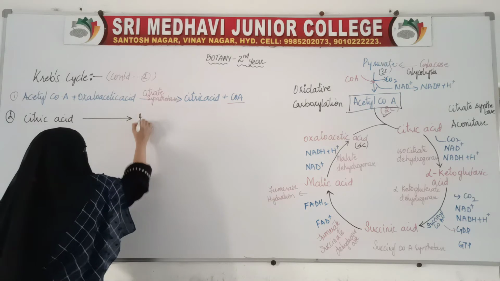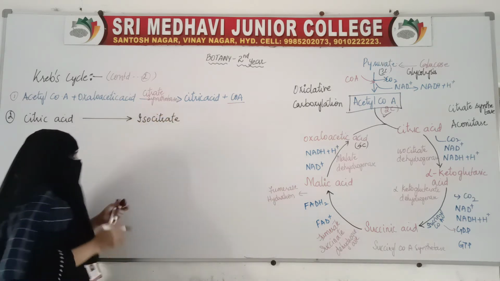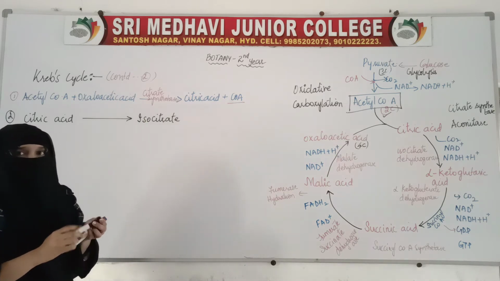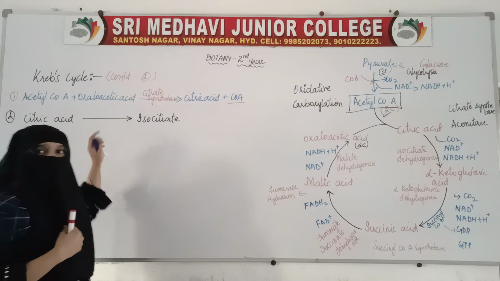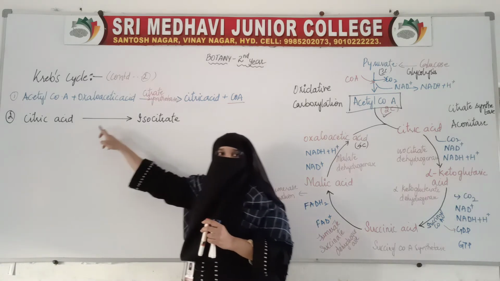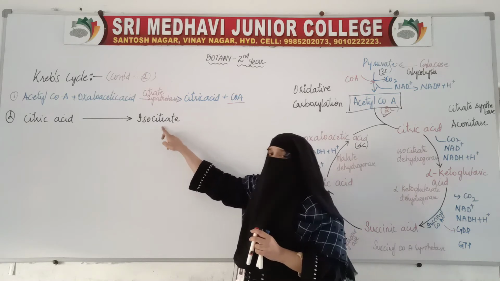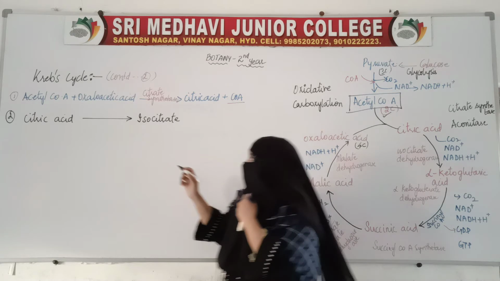Citric acid changes into isocitrate. So this is an isomerization reaction, where the citric acid is changing into its isomer, that is isocitrate. The enzyme which helps is aconitase.